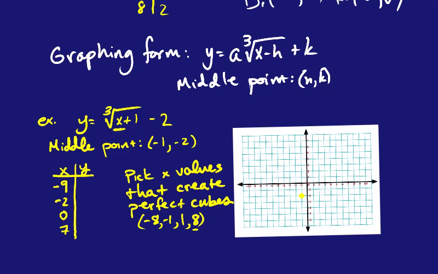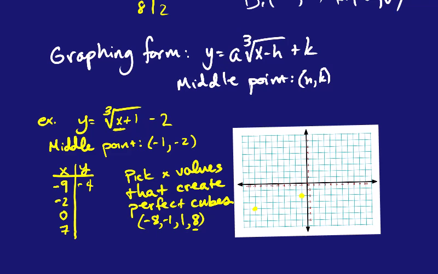And so now you have your x values, and you can plug them in and let order of operations take over. So -9 goes in, that's -8 inside the radical. We know that the cube root of -8 is -2. And then you have to subtract the 2 at the end, so -4. So -9, -4. And then -2 goes in, that's -1 on the inside.